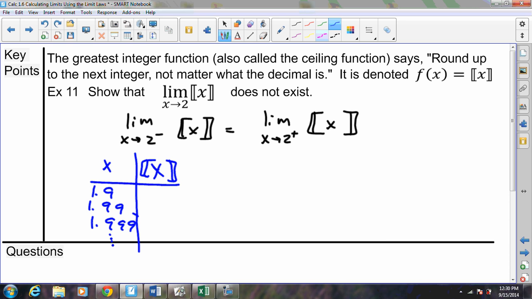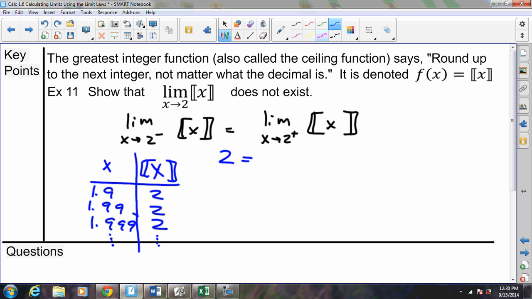Round to the next biggest integer. That's a 2. 1.99 rounds up to a 2. 1.999 rounds up to a 2. And no matter how many 9s we start throwing on this piece, coming from the left, the greatest integer function is always going to approach a 2.